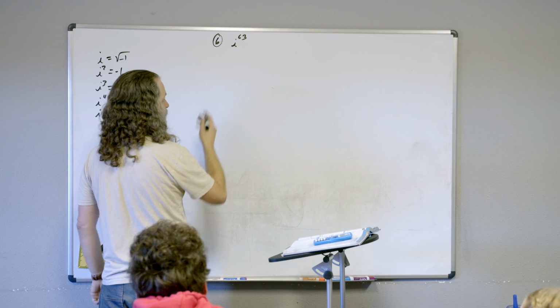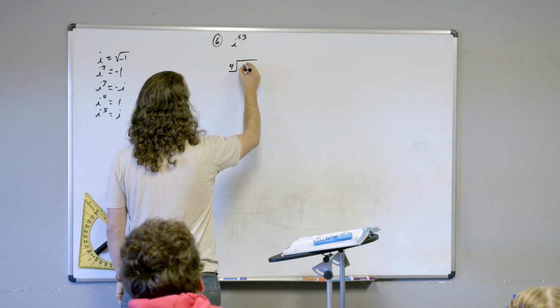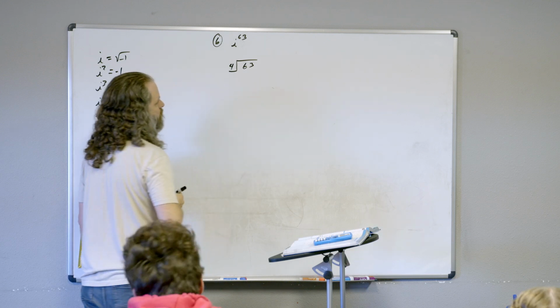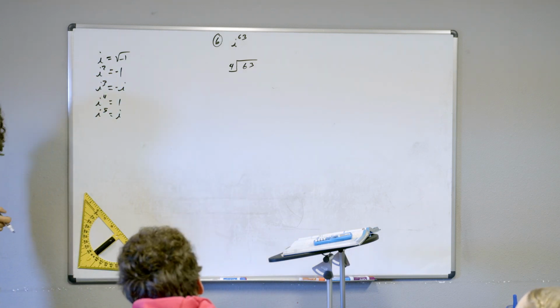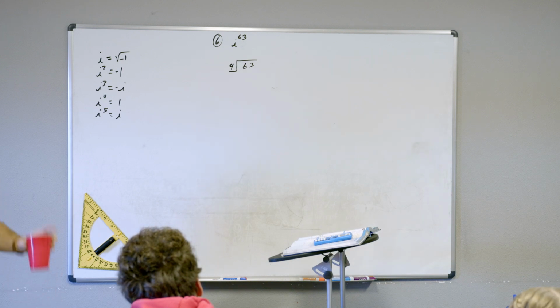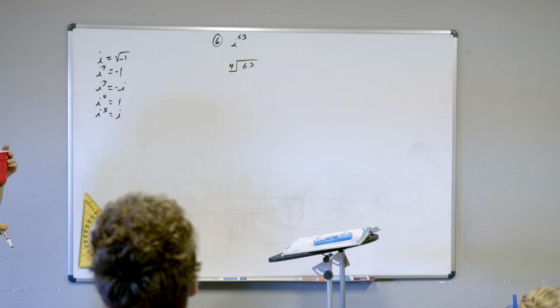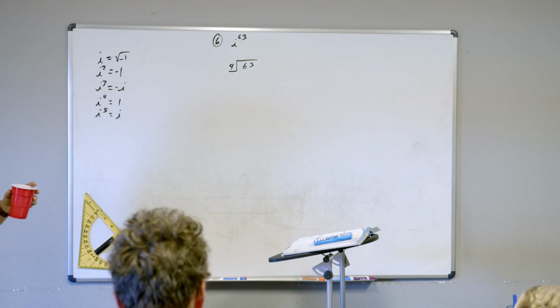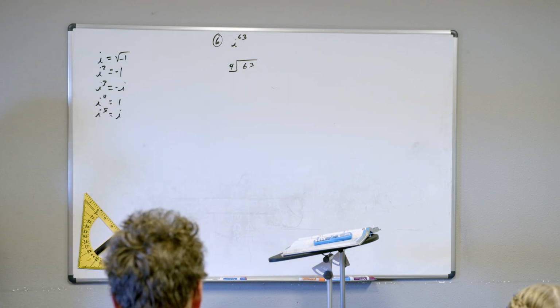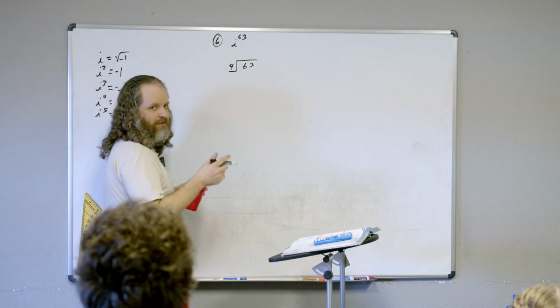Okay, so what we do is we divide 4 into 63. We don't really care about the beginning bit, but 4 goes into 63 how many times? Punch it on the calculator, because you're going to get something point something. We don't care about the point, but we care about the beginning. Yeah, it's 15.